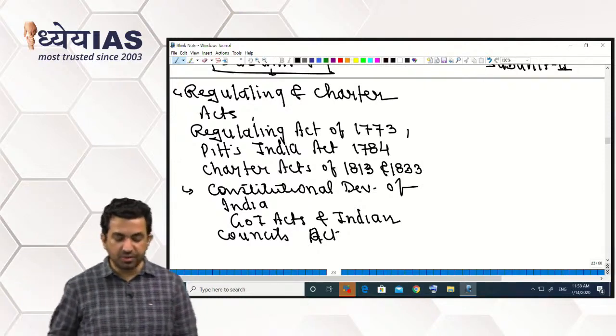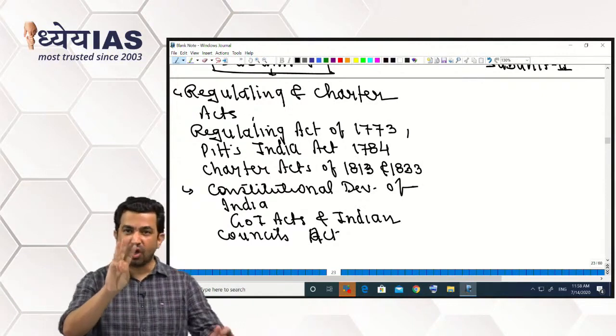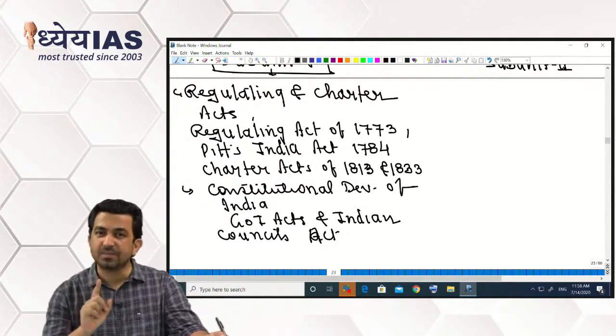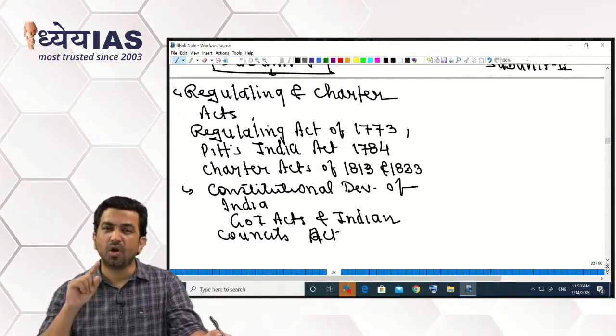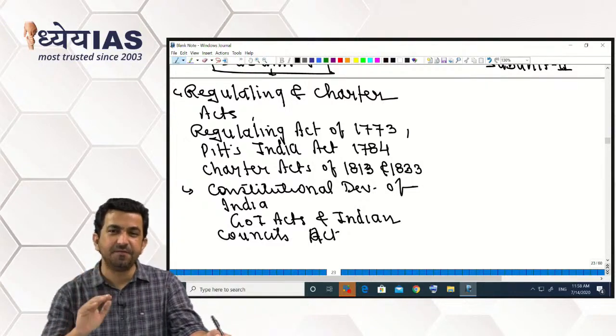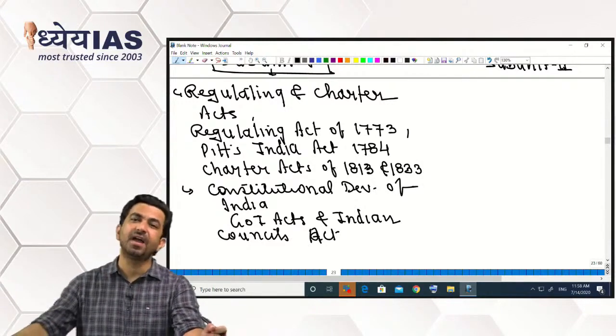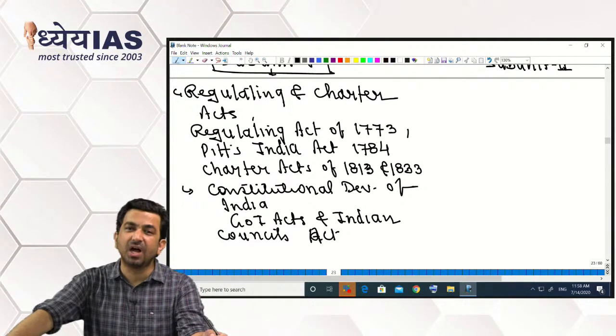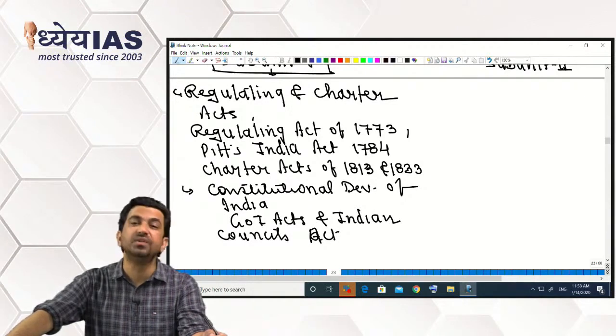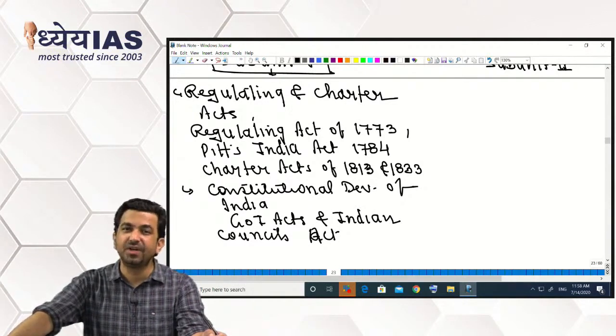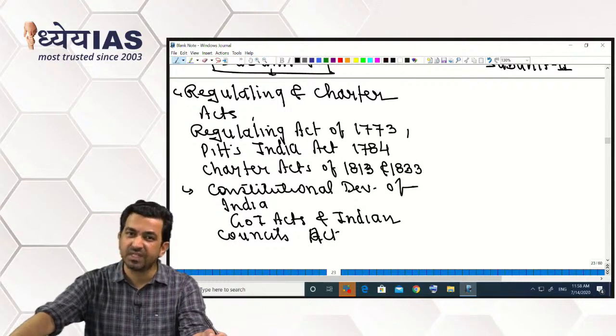Okay, so three Government of India Acts passed by the British Parliament, 1858, 1919, and 1935, and Indian Councils Acts 1861, 1892, and 1909. So three Government of India Acts and three Indian Councils Acts.